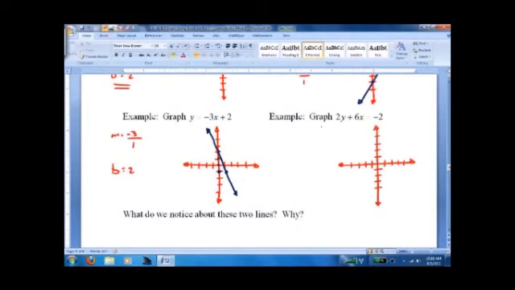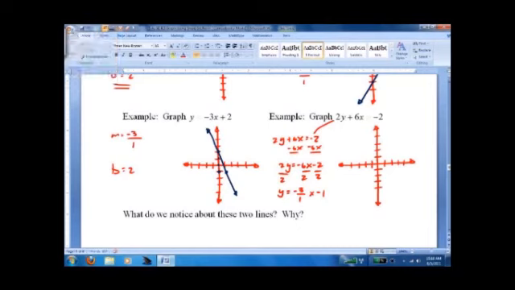Over here we have to do a little math first, which is why we learned that earlier. 2y plus 6x equals -2. Move the 6x over. 2y equals -6x minus 2. Divide everything by 2. Y equals -3 over 1 for now, x minus 1. We just did this kind of problem, so it's only a little bit different.